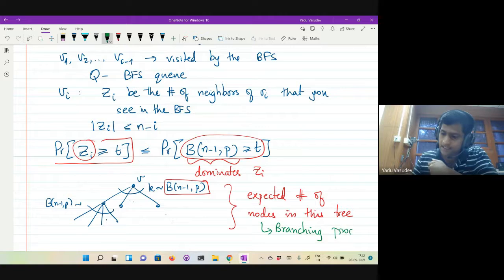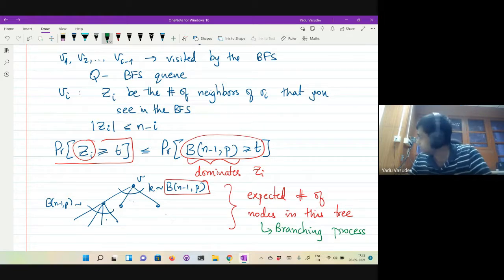By studying this branching process, I will get an upper bound on the expected size of the component containing V when the graph is sampled as an Erdős-Rényi graph. Right? Because this is the best that I can do currently, because I don't know anything about the graph that might come out of the Erdős-Rényi sample distribution. Any questions? Is this idea clear?